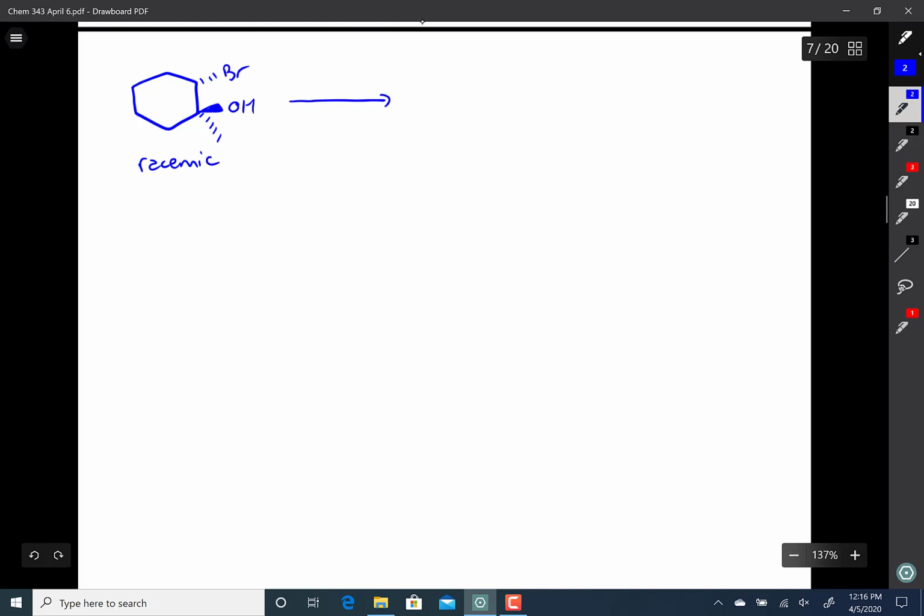If you treat this with excess sodium methoxide in methanol, you get this product right here.